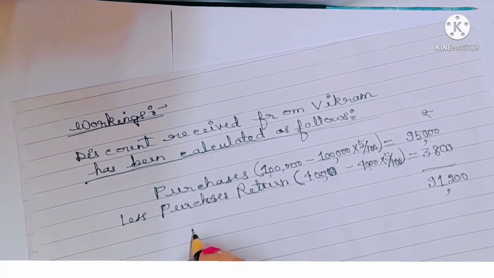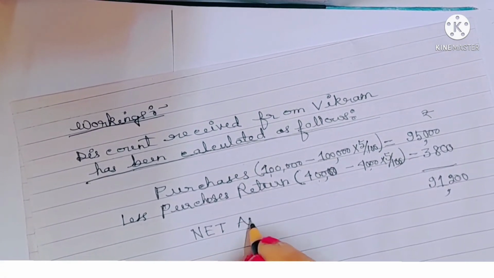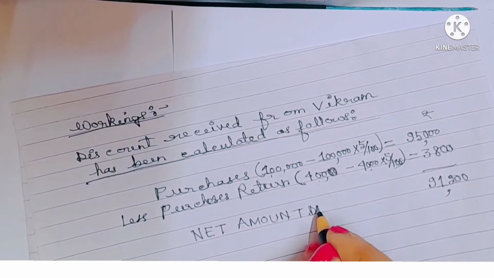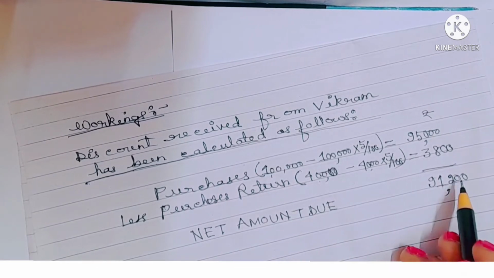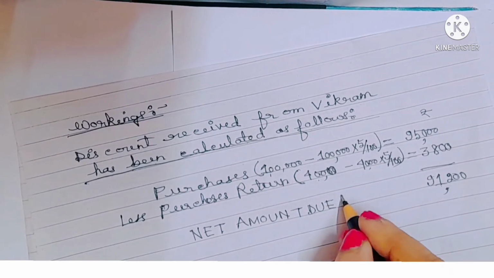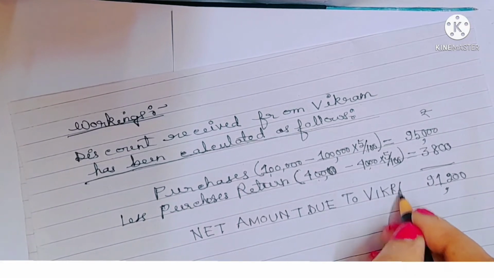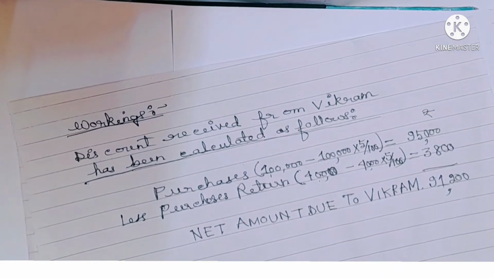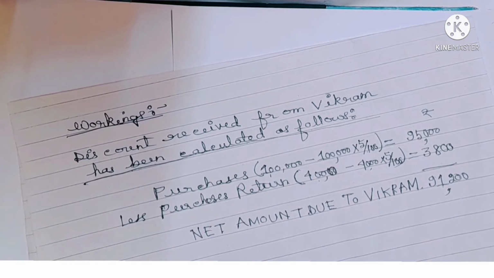So this is your net amount due to Vikram. We should be paying him 91,200. But we have paid him in full settlement how much?